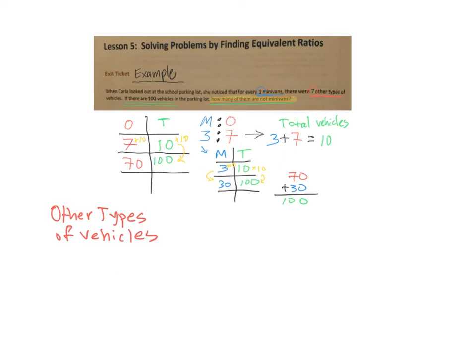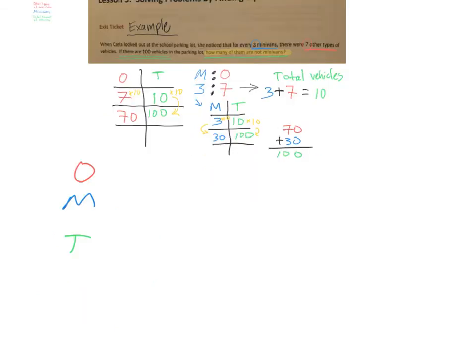We are also dealing with minivans, and we are also dealing with total amount of vehicles. And we've actually already used abbreviations for those, and so we're going to continue to use those. So I'm going to take care of this real quick. So we have OMT to represent our other vehicles, our minivans, and then our total number of vehicles in the parking lot.